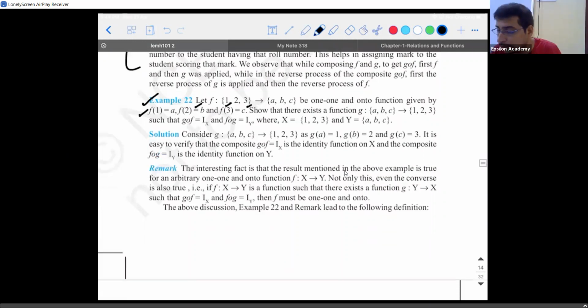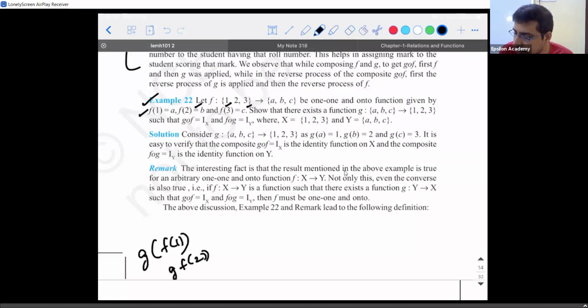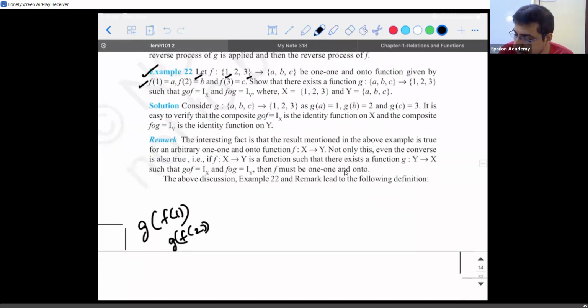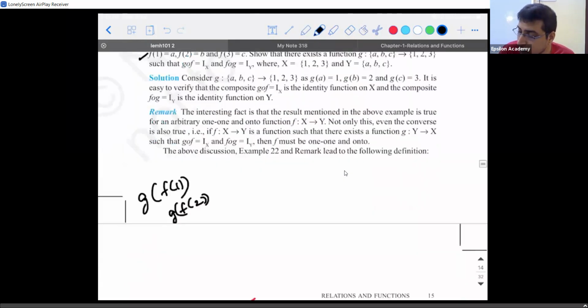Okay, how to prove? Sir, they've given all the values, reverse just the function, substitute and find. Find what is g circle f. So you will find g of f of 1, g of f of 2, and g of f of 3.